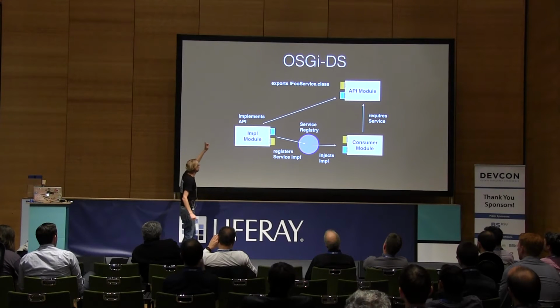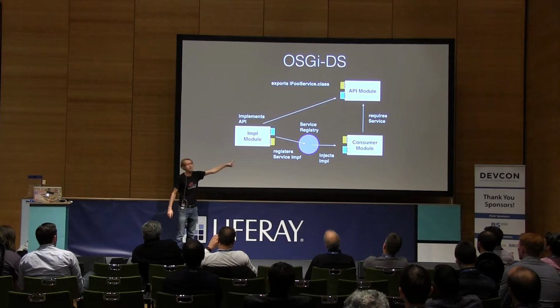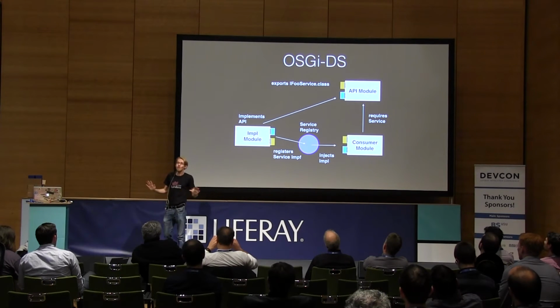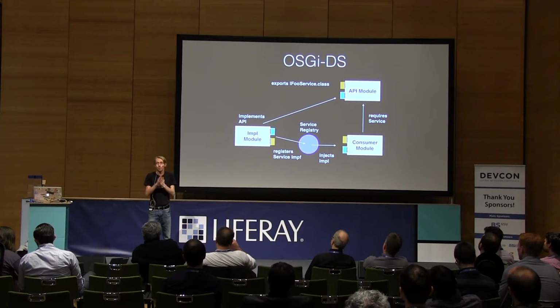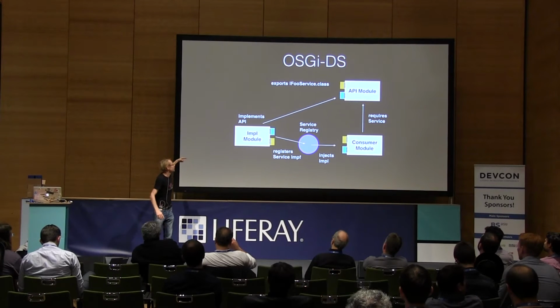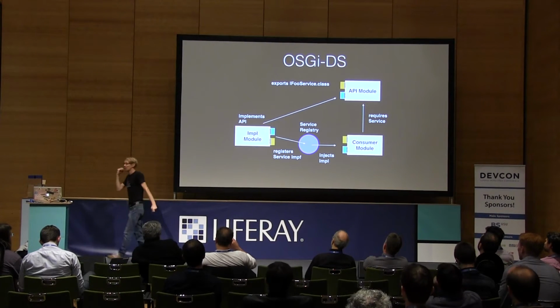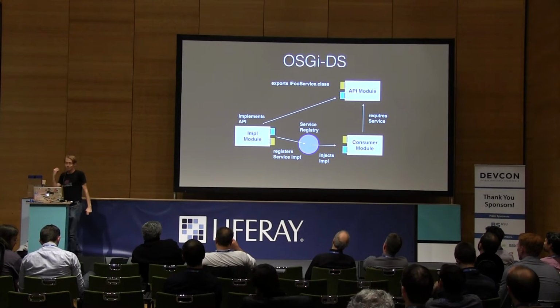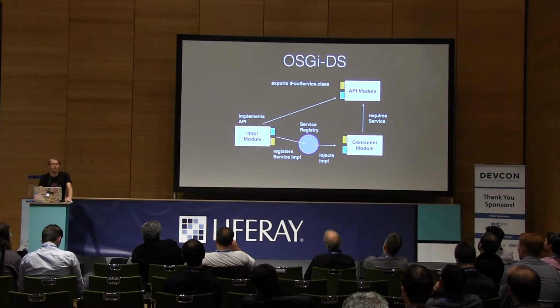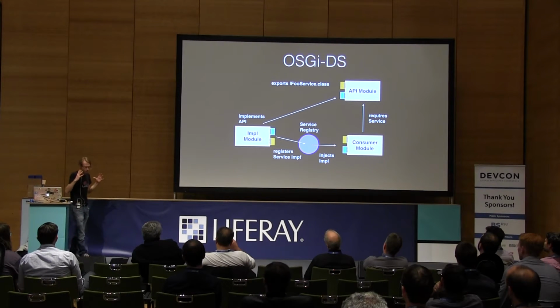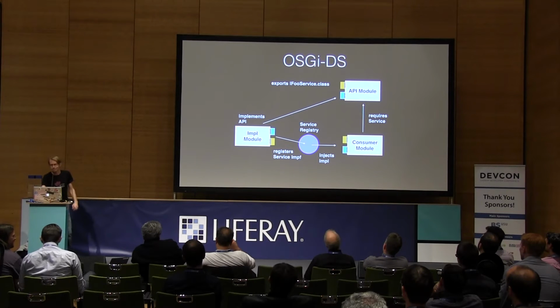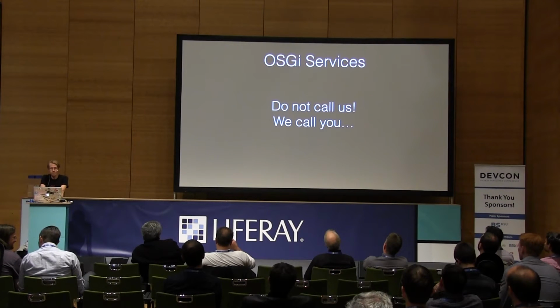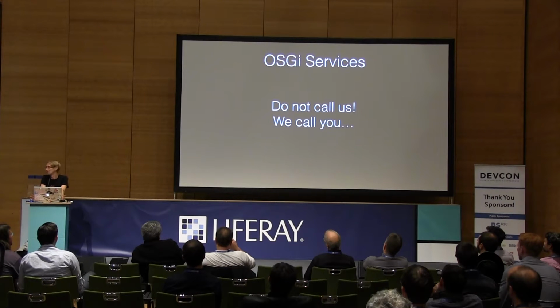And as soon as this service gets registered at the service registry, whether you do it by declarative services or you register the service manually, it becomes injected into the consumer module. So we have dependency injection with a very, very light coupling. It follows the Hollywood paradigm: do not call us, we call you.